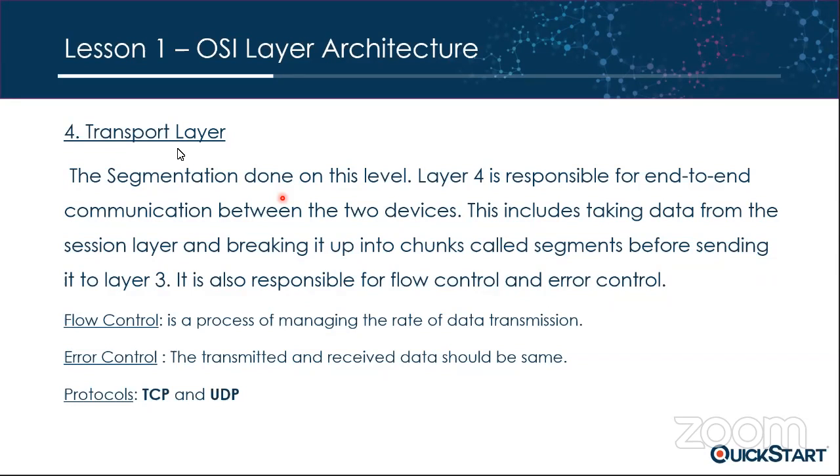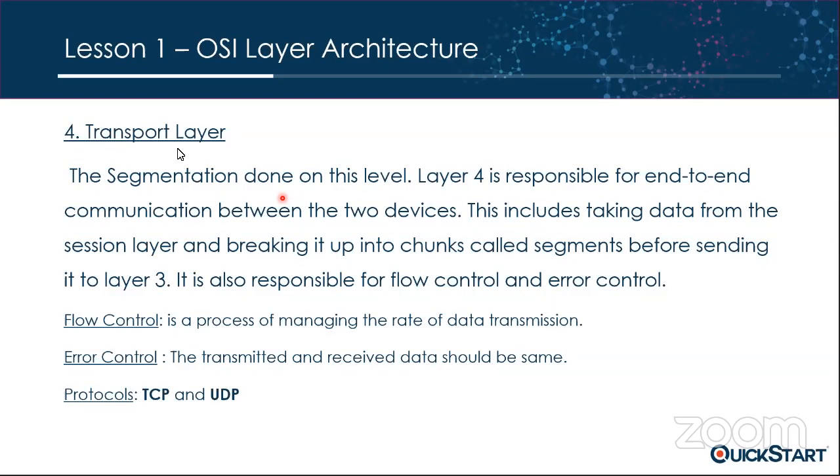This layer is responsible for end-to-end communication between two devices, right? And this includes taking data from the session layer and breaking it up into chunks called segments. So whatever data comes from the application layer, it chunks up and makes it into segments before sending it to layer 3.